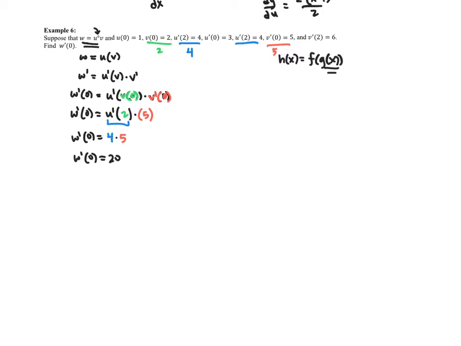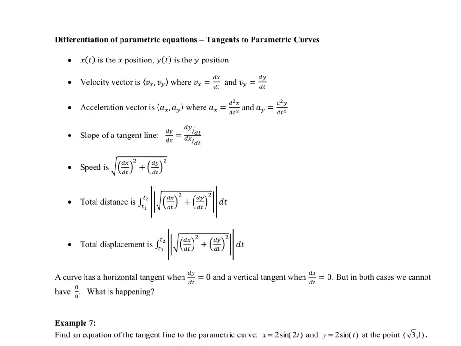All right, let's continue with some information on parametrics, and then we'll get into some applications of those. Okay, for the sake of time, I'm not going to be proving the total distance, nor the speed, or the total displacement, but I do want to talk through each of the following bullet points here. So when we talk about parametric equations and tangents to parametric curves, we need to talk specifically about x of t and y of t.